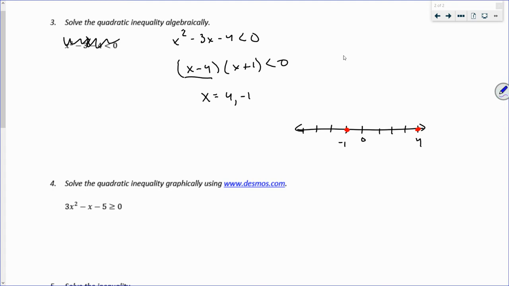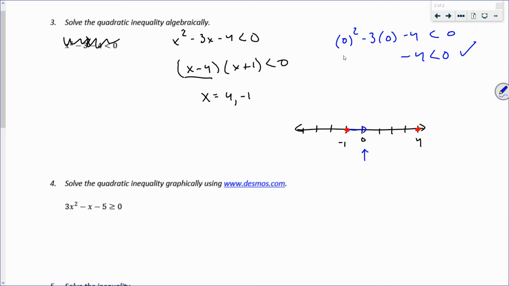So what we're going to do is test a 0 and see if a 0 inside of here works. So if we plug in 0 squared minus 3 times 0 minus 4, is that less than or equal to 0? Is negative 4 less than or equal to 0? Yes. Right? So that's got to go that way.